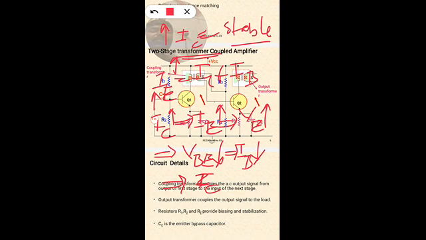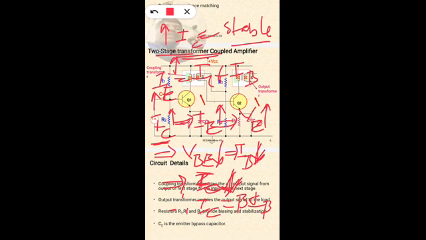IC decreases. Why? Because IC is equal to beta times IB. So when IB decreases, IC gets decreasing. So the increase in the collector current here is compensated by decreasing the collector current by decreasing the VBE.